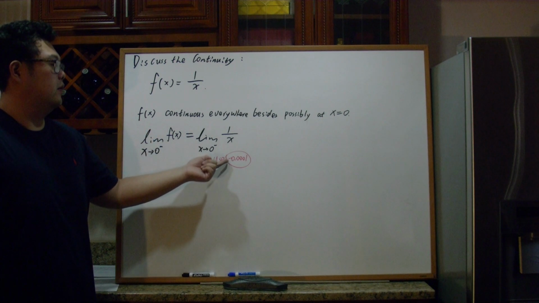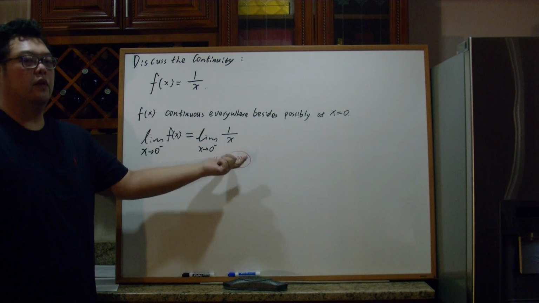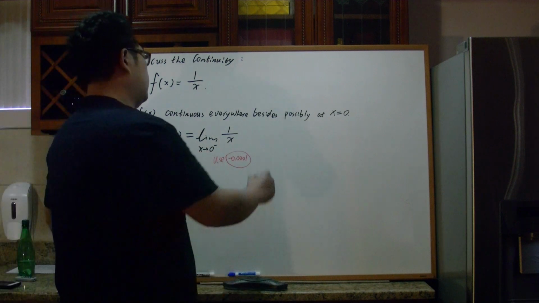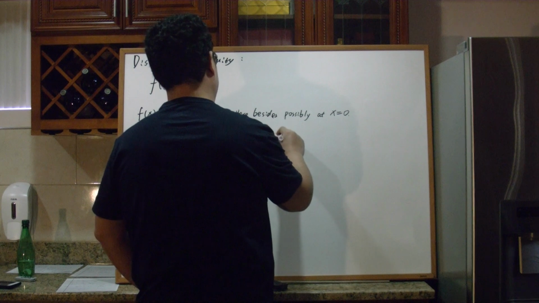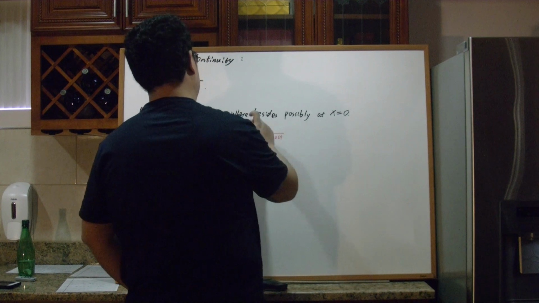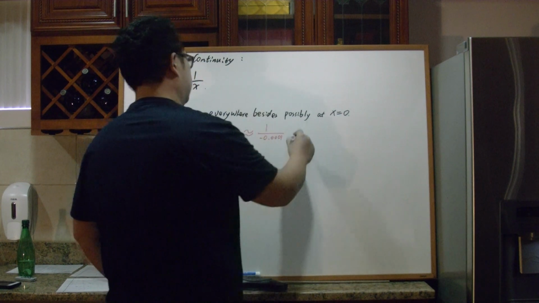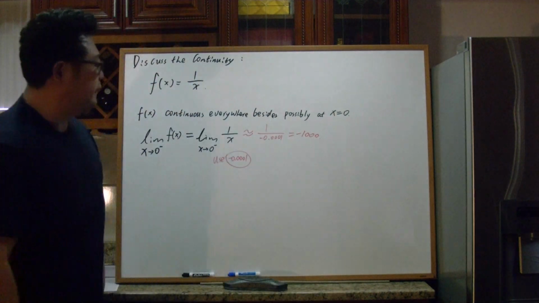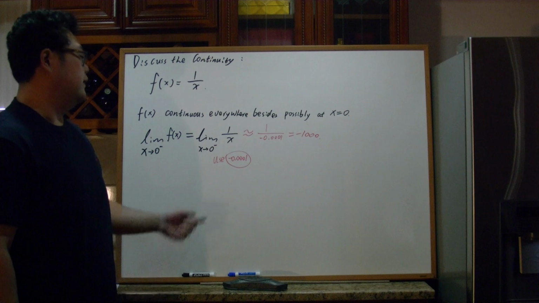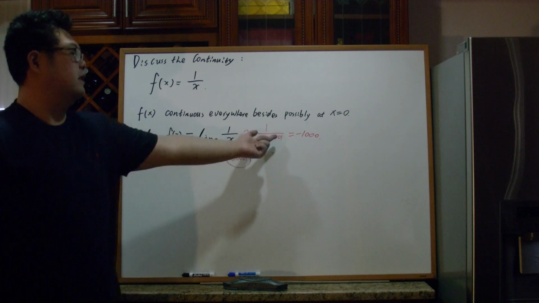But you could still use a very, very small number approaching it, which will get 1 over negative 0.0001, or about this value. From the observation that we get negative 1000, and the closer to zero you get, that number will be bigger.